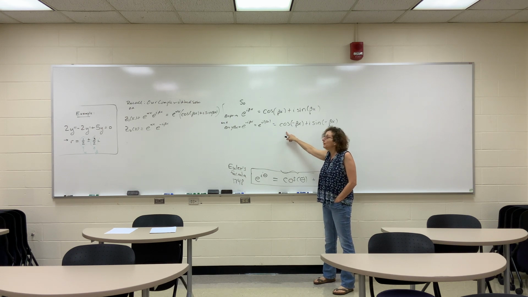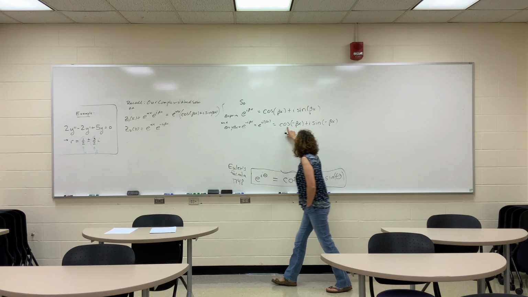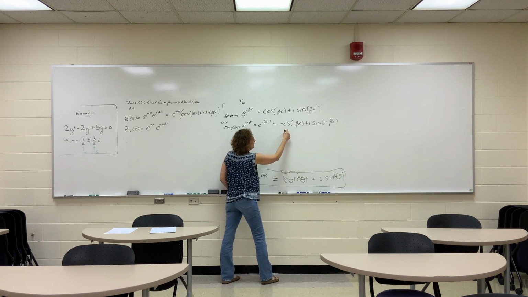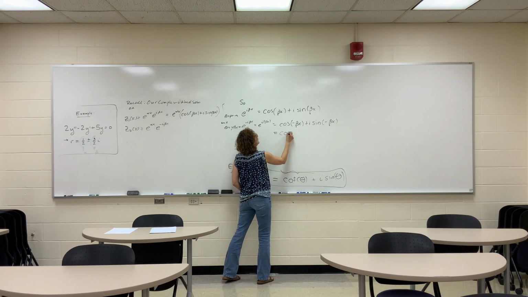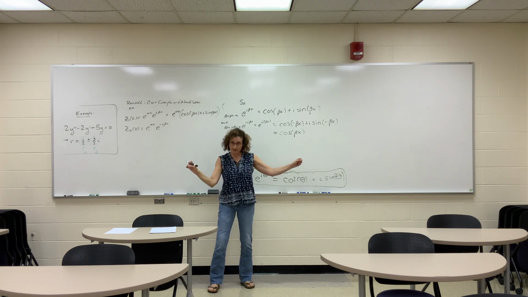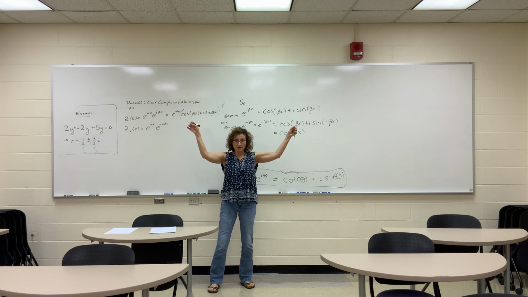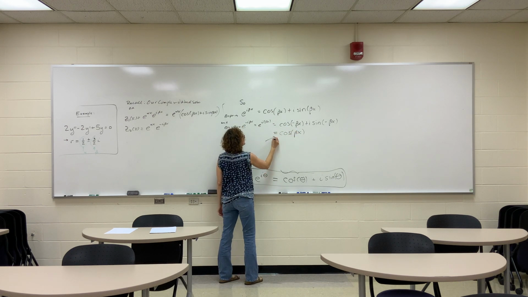What's true about an even function? Cosine of minus beta x is going to be the same as cosine of beta x. It doesn't matter which side you're on to evaluate, you get the exact same value out of cosine, right? Okay, awesome.